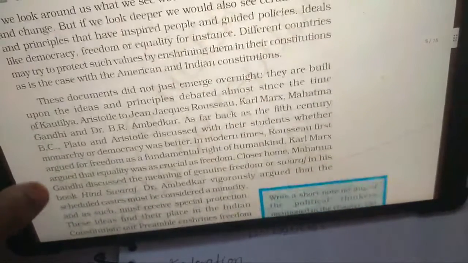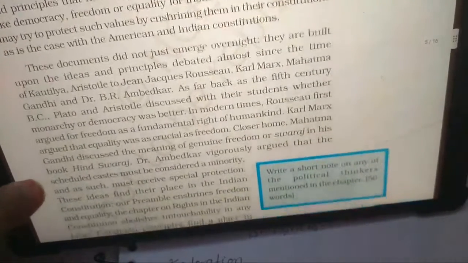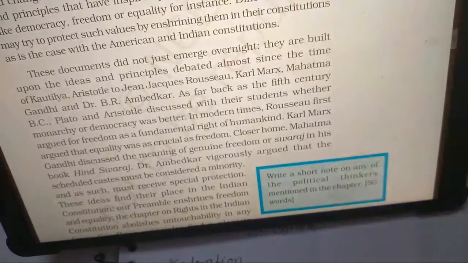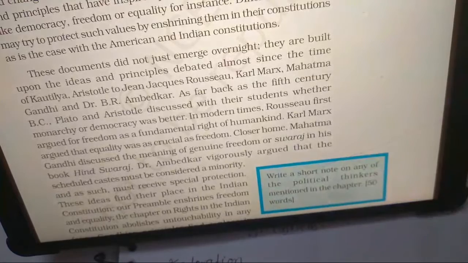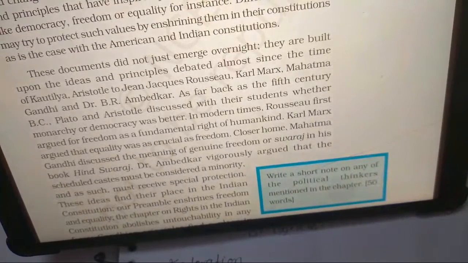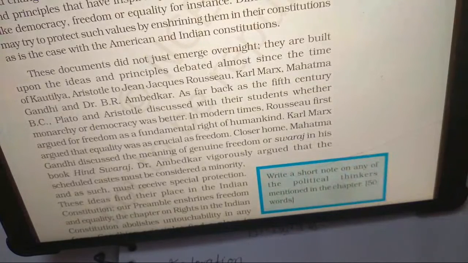Ideals like democracy, freedom or equality, for instance, different countries may try to protect such values by enshrining them in their constitutions, as is the case with the American and the Indian constitutions.